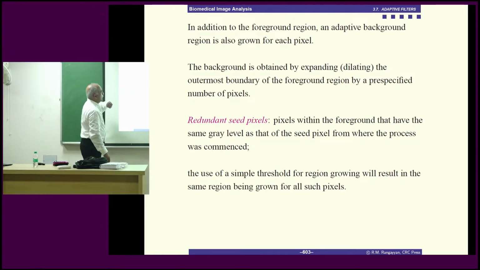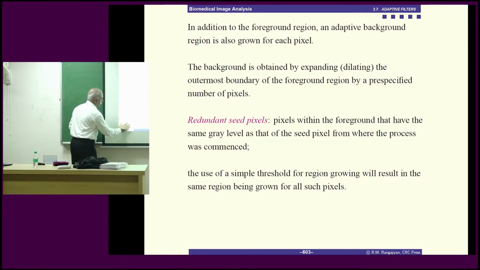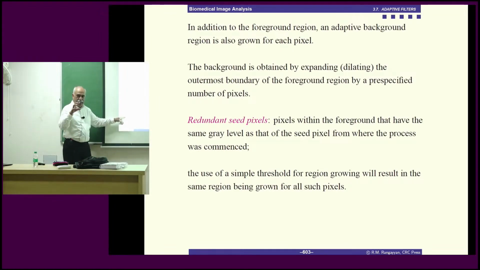There is the notion of redundant seed pixels. When I have a region grown from here, many pixels here may give you the same region again and again. So once you grow a region, if you use a simple criterion for inclusion, then if I were to take another pixel from that same region, I'll get the same adaptive region.